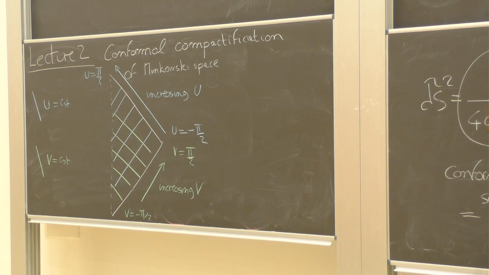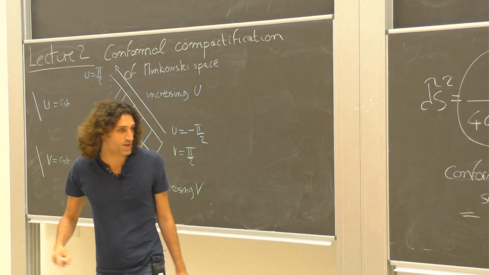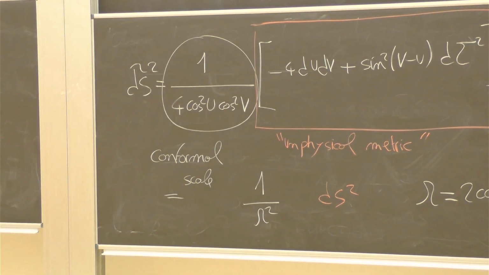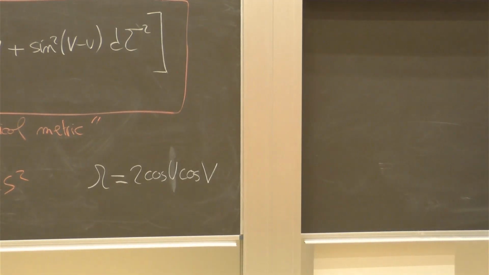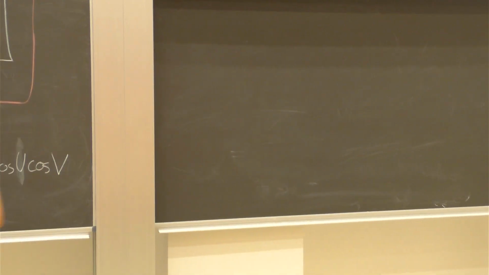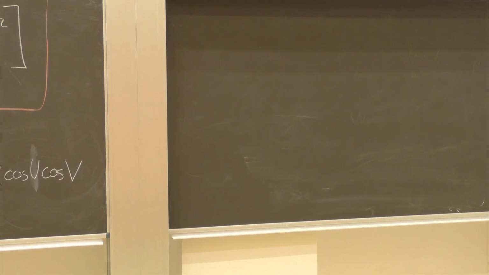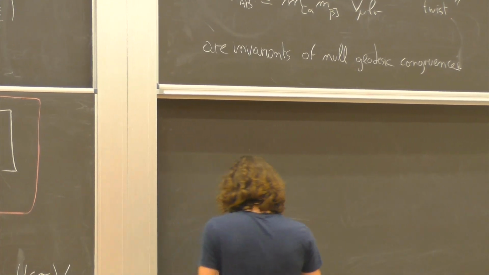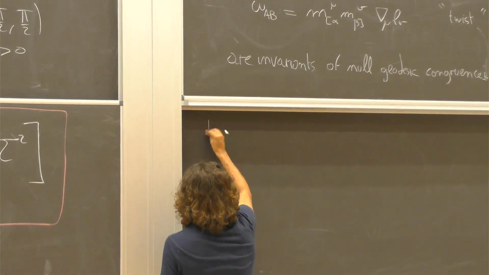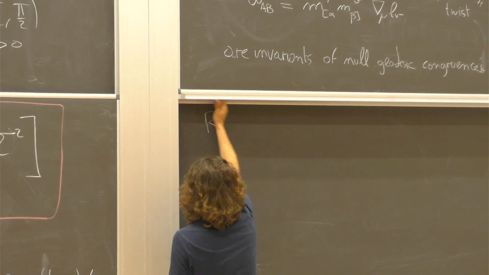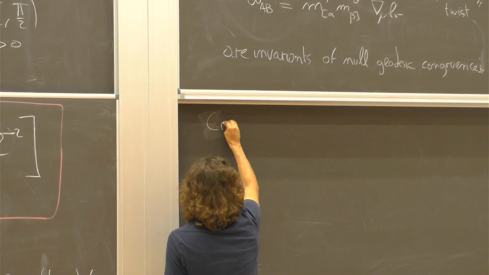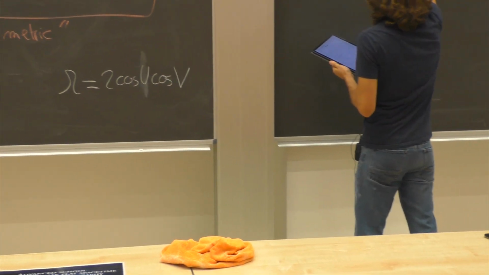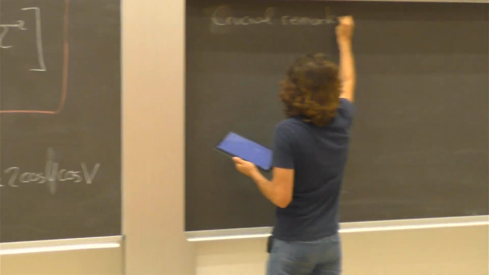Minkowski space itself is not defined on the wedge, it's only defined in the interior. I'm going to have a bunch of crucial remarks about this model, what we should remember and keep in mind for generalizations.